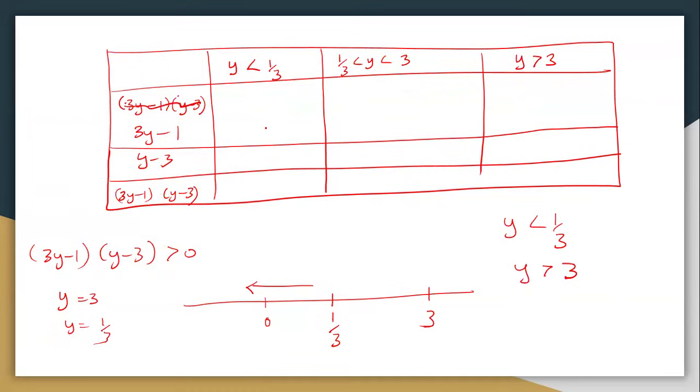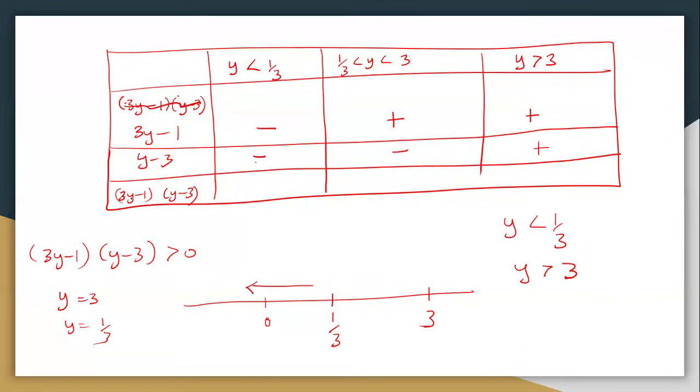When I put it in here, I get a negative. Any value between a third and 3, say 1, once I put it here, I get a positive. Any value above 3, I get a positive. For y minus 3, any value, say 1, you get a negative. Any value between a third and 3, I will get a negative. Any value above that, I will get a positive.